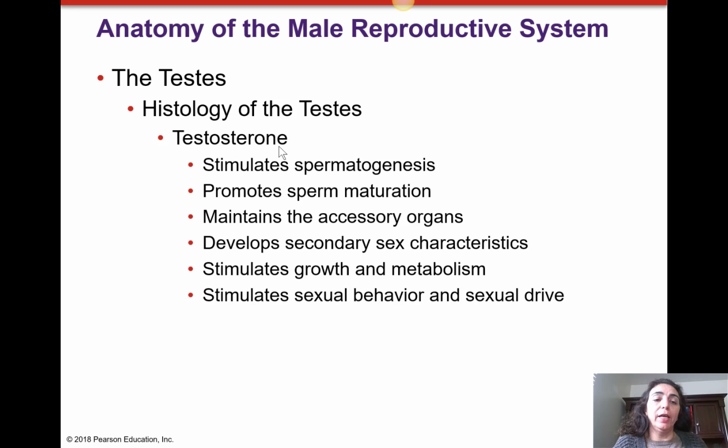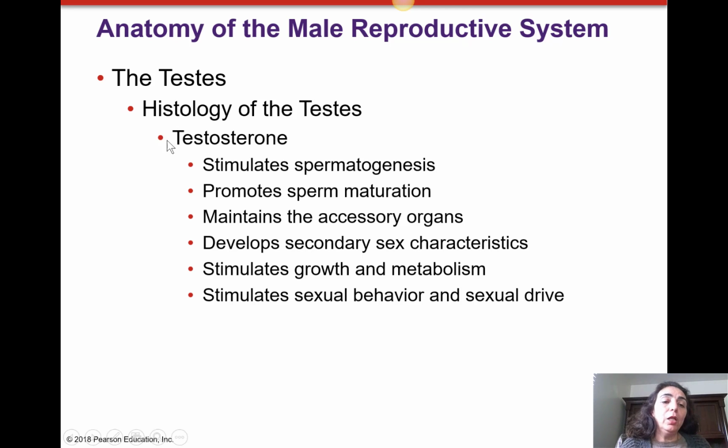You will see that sex hormones, in the male and also in the female, have many metabolic activities, and that's why when their level goes down, they affect many parts of the body, and the body starts aging at a higher speed.